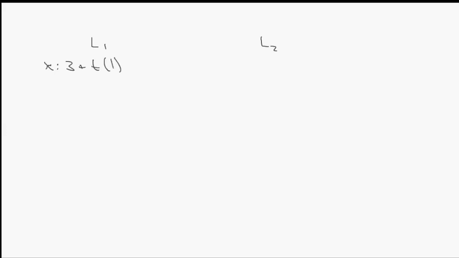And for L2, x is 1 plus 4s, and y is 5 plus 10s.